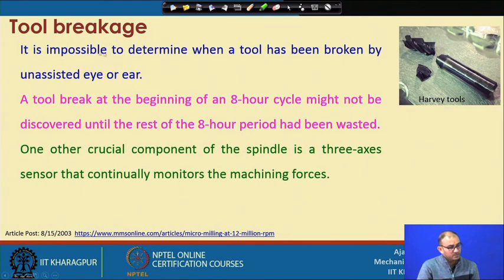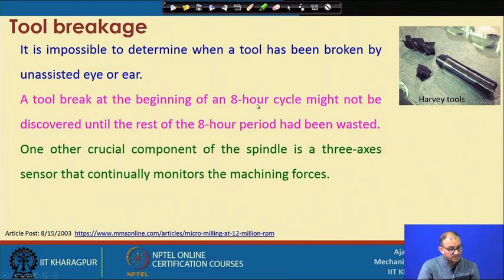Now, the first thing is that it is impossible to determine whether the tool has been broken by the unassisted eye. So, now we know that the size of the cutting tool is very small, so you cannot get anything in terms of some noise signal or some type of process signal about what is happening, whether the tool is there or not. So, what is the problem because of that?